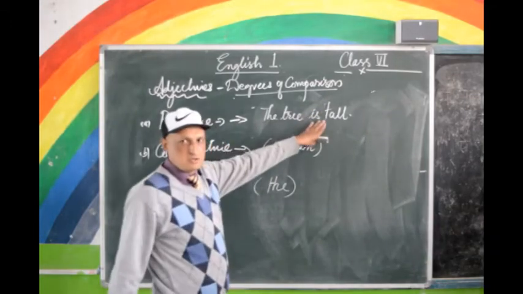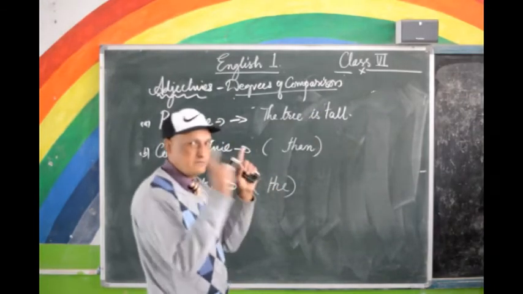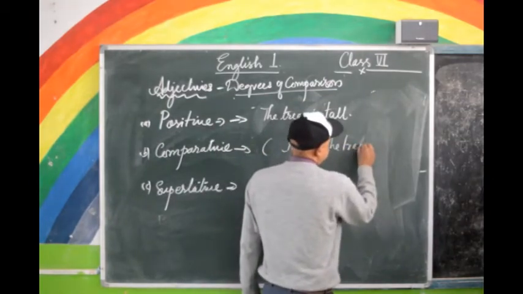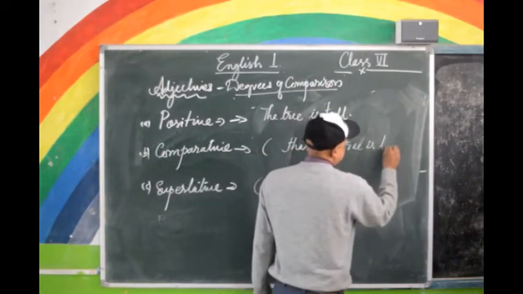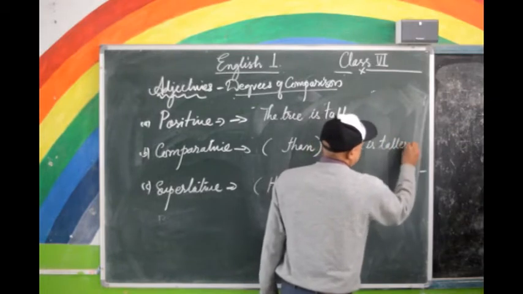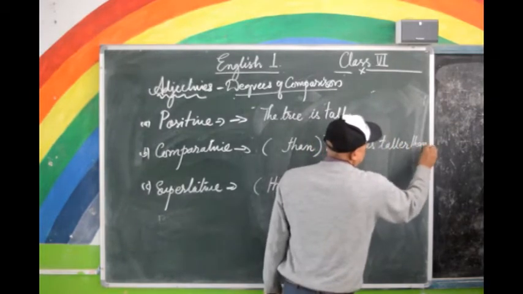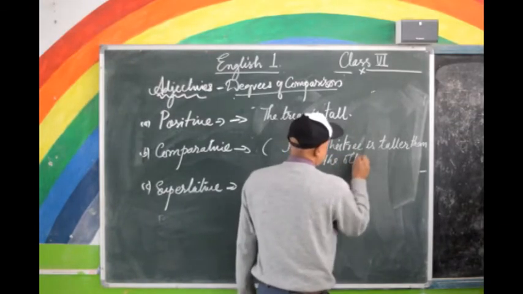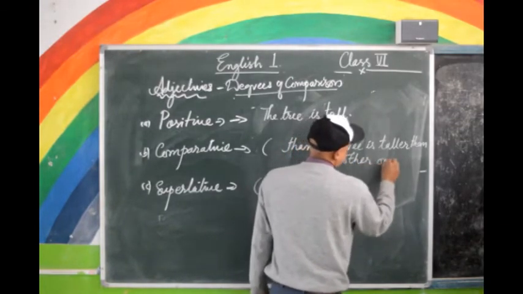The tree is tall. That is positive. Comparison, when we compare between two: the tree is taller than, this tree is taller than the other one.